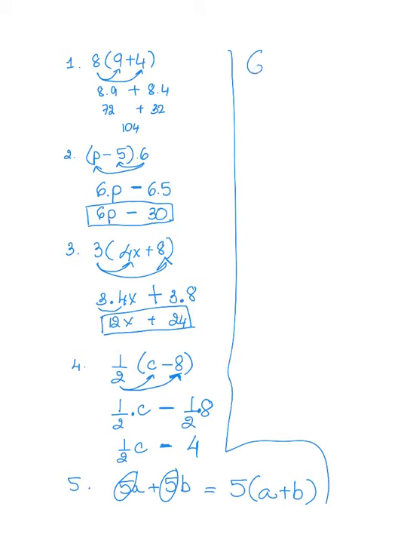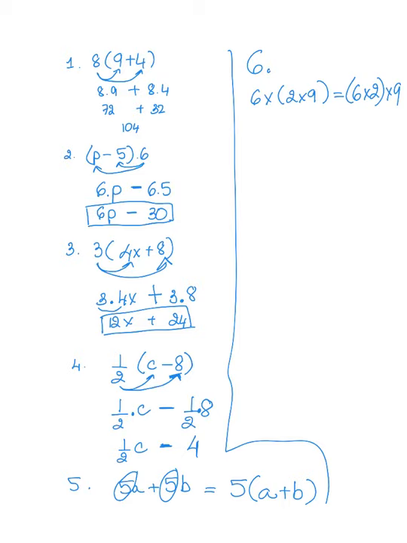Now we're going to start with number 6 up here. Is this a true or false question? We have 6 times 2 times 9 is the same as 6 times 2 times 9. This is associative property because they have different groups.